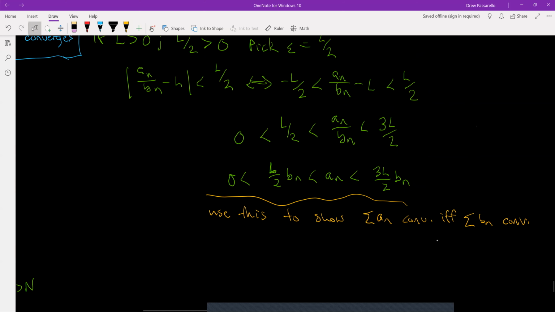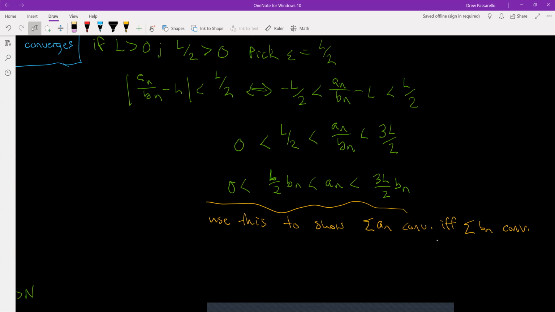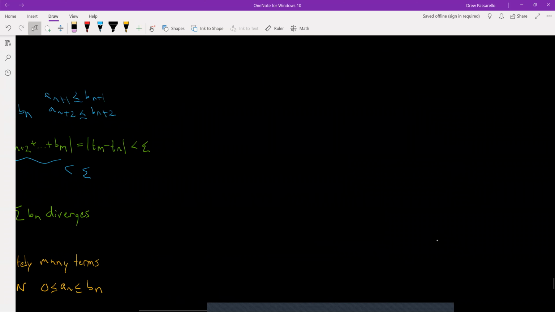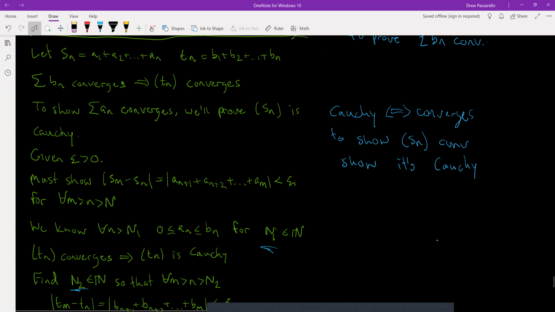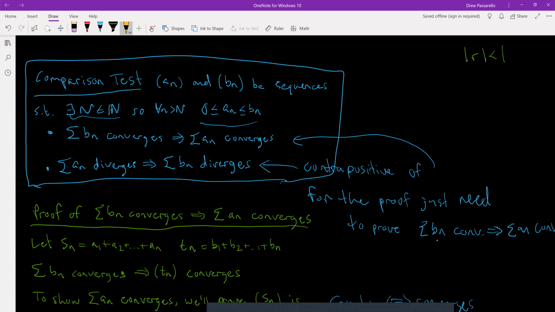All right, so let's see, what can we do? I'll try to use some kind of comparison test. For the comparison test, what do we need for convergence? So we're going to use this part of the comparison test: the series bn converges implies the series an converges if we have this condition.